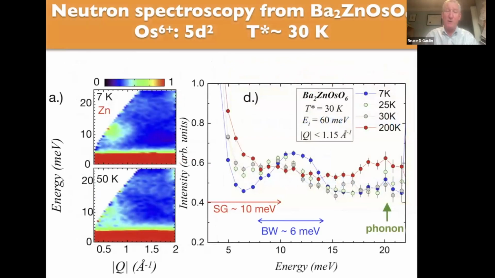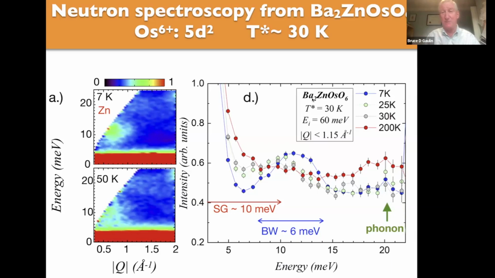Okay, so again, my main experimental technique, apart from making materials, is doing neutron scattering. So this is what I will always go to in any project that I'm involved in. And so this is what the inelastic scattering looks like from one of these three materials.